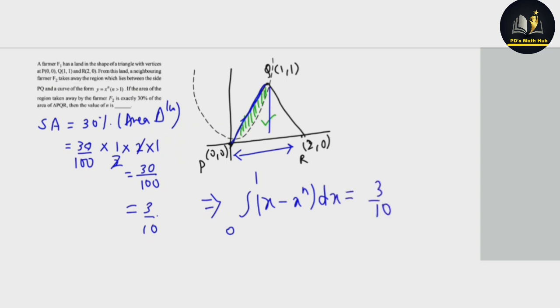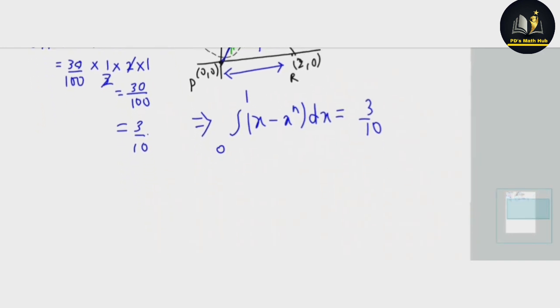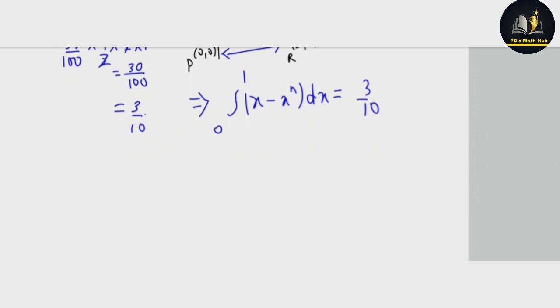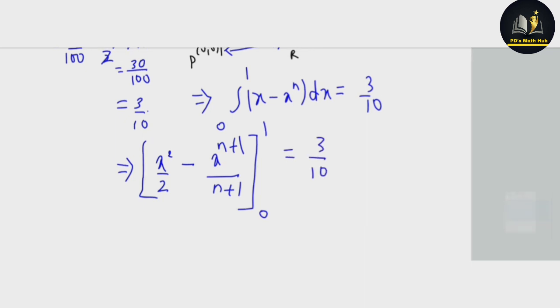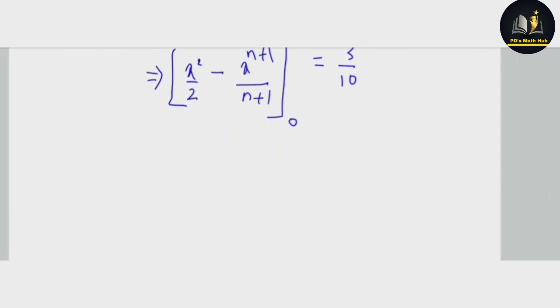So this has been reduced to a very simple integration. After solving this, you get the integration of x is x square divided by 2 minus the integration of x to the power n is x to the power of n plus 1 divided by n plus 1, with limits from 0 to 1, equal to 3 divided by 10. Now substituting the upper limit and lower limit. First the upper limit, put x is equal to 1.